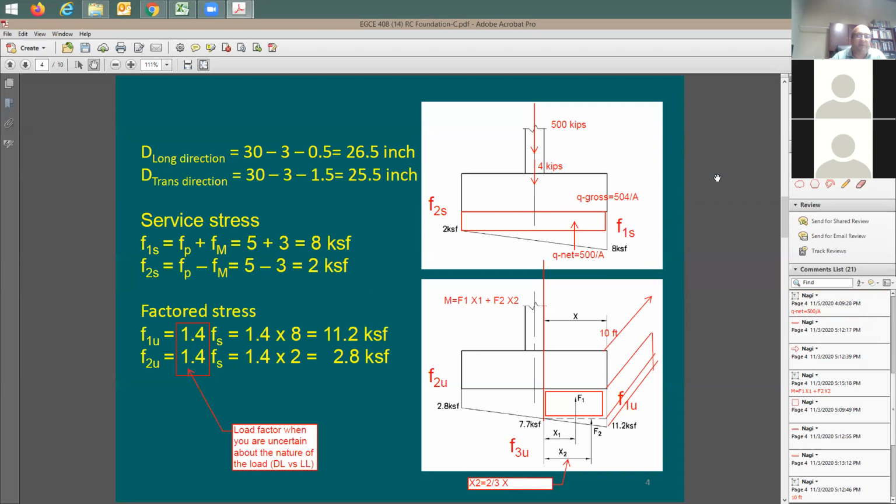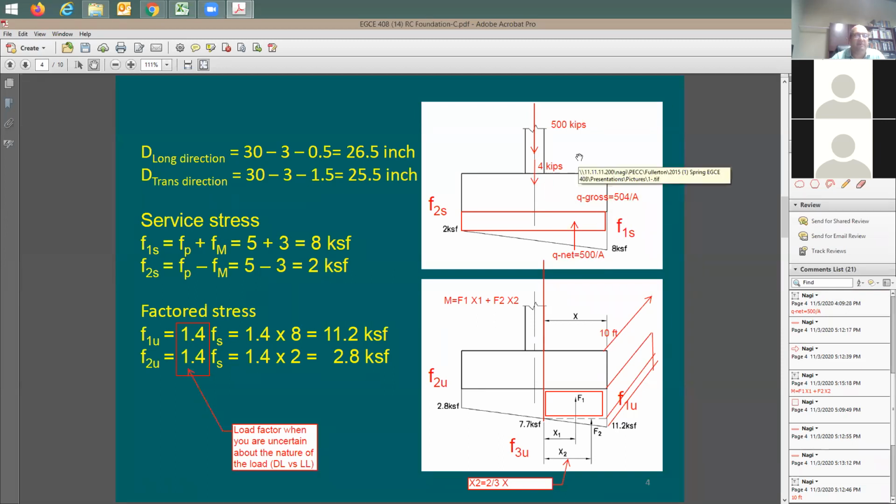So I have 2 ways of doing it, as I was saying. I can consider the gross bearing pressure or the net bearing pressure. This is going to be up to me in this case. So if I used Q net in my analysis, it means the footing weight was ignored. And in this case, I can just take this pressure, multiply by the width of the footing, multiply by the cantilever length, twice, divide by 2.